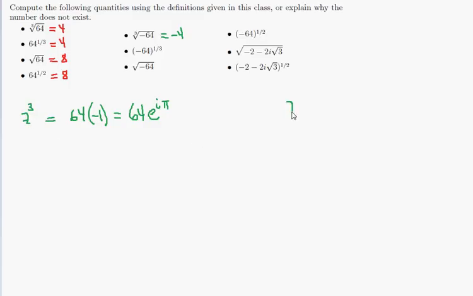And so if we let z be equal to r times e to the i theta, this reduces to solving r cubed times e to the 3i theta equals 64 e to the i pi.